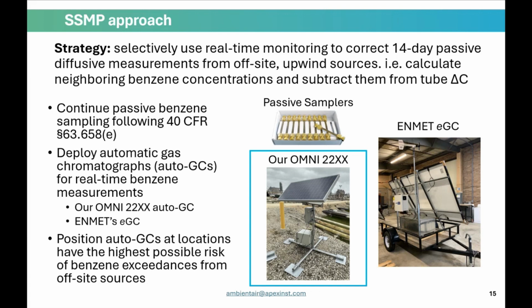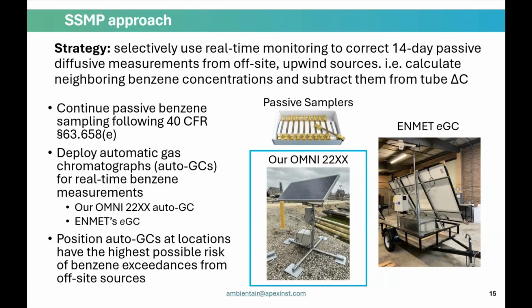To do this, CITGO continued to conduct their standard passive benzene sampling following Method 325, and they also deployed automatic gas chromatographs into the field to provide continuous real-time benzene measurements. CITGO at the time decided to use two different automatic gas chromatographs.